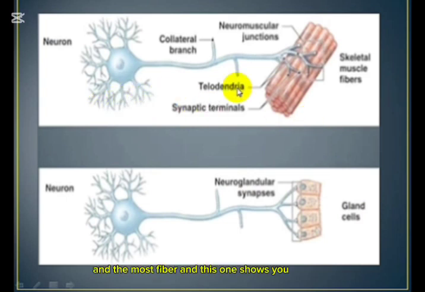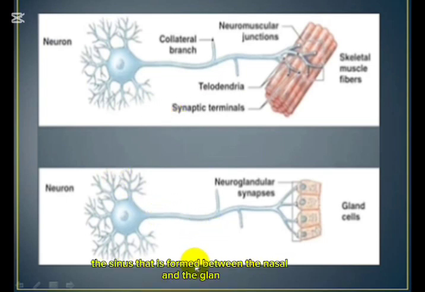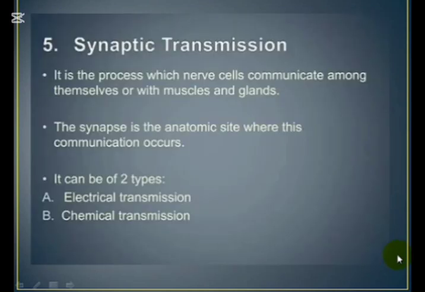And this one shows you the diagram of the neuroglandular synapse, the synapse that is formed between the nerve cell and the gland. Okay. The synapse can also be classified physiologically into two types.